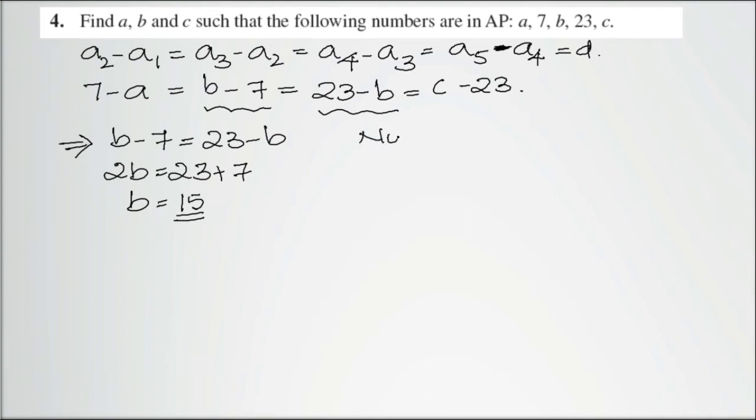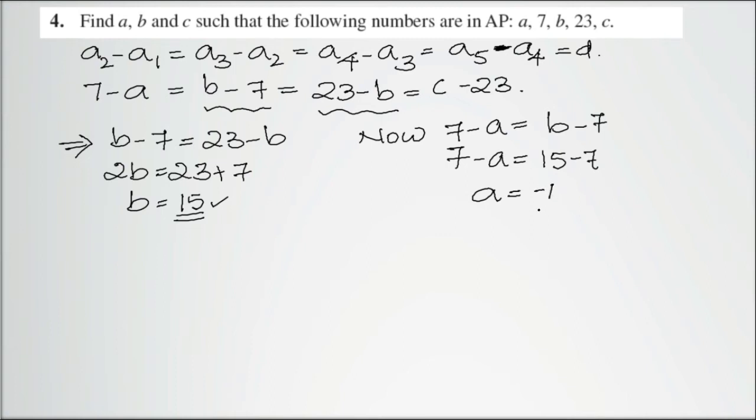Now let me consider 7 minus A equal to B minus 7. So 7 minus A will be equal to 15 minus 7, because I have found the value of B, it is substituted here. So A value will become equal to minus 1.